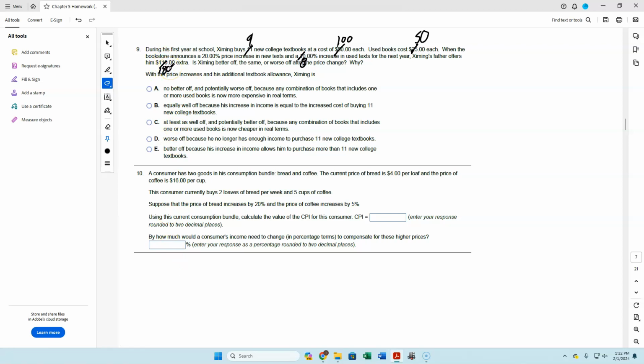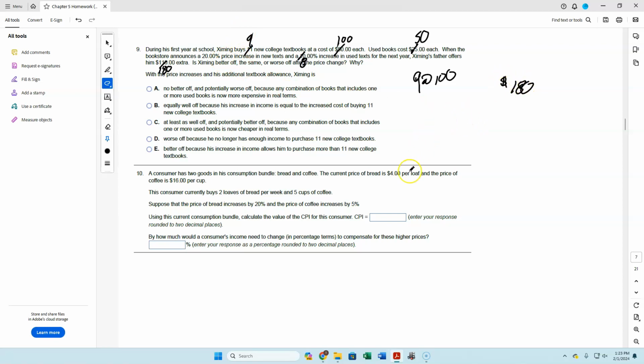Okay, so I'm just adjusting it so that my notes are the same as what we've got here. So that would mean 9 books at 100, with this increase being given $180.